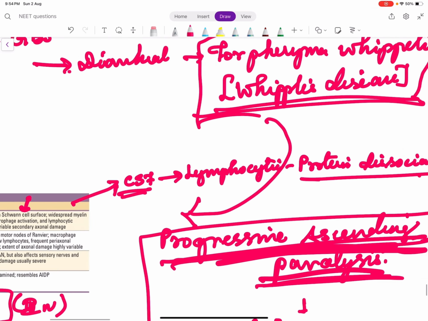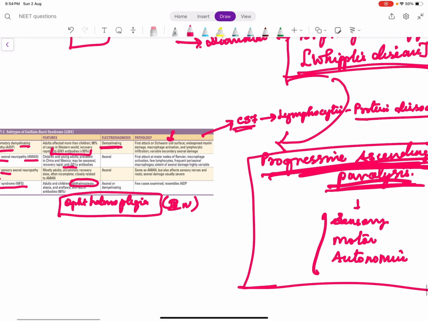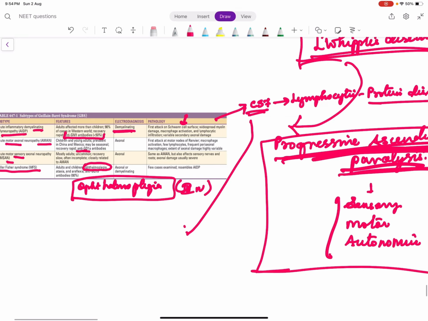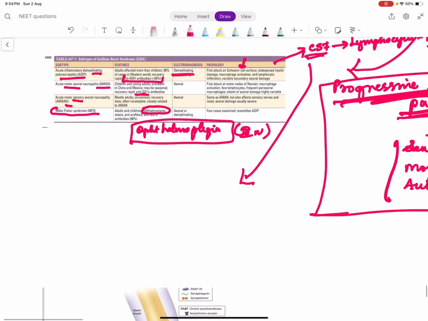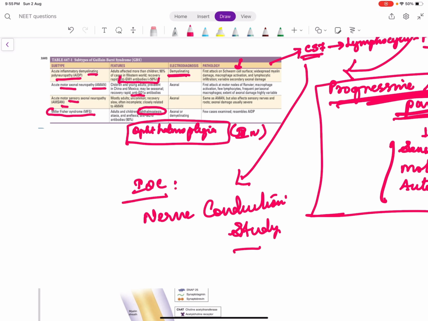So I told you how the scenario presents, why the pathology occurs, how will you diagnose it in CSF. So the CSF finding is only a contributory finding. What is the investigation of choice? Yes, by doing a nerve conduction study. What finding will occur in nerve conduction study?